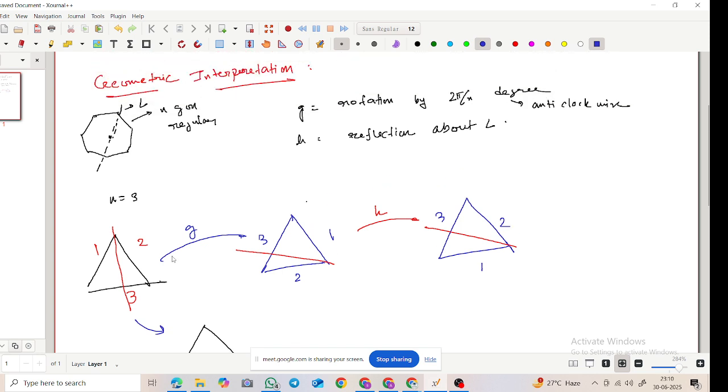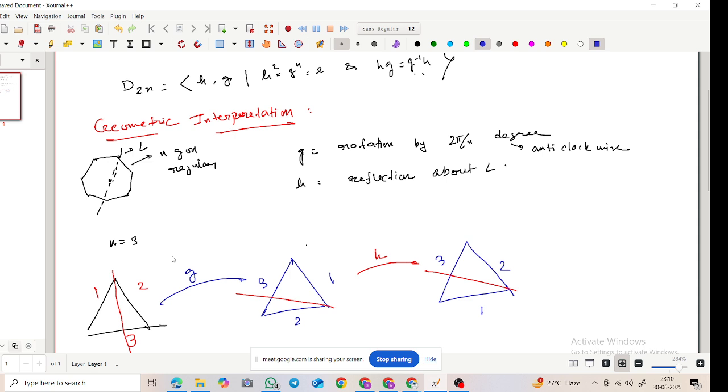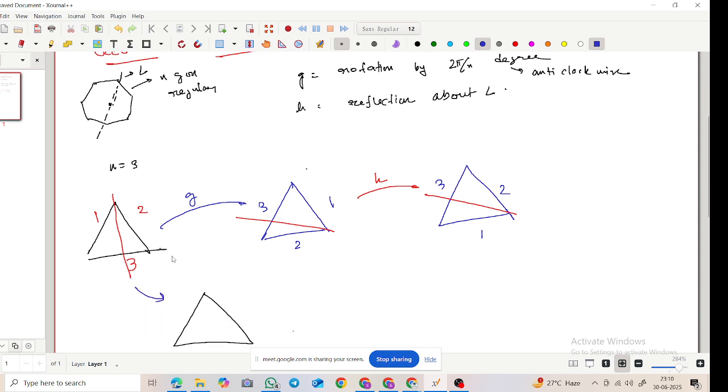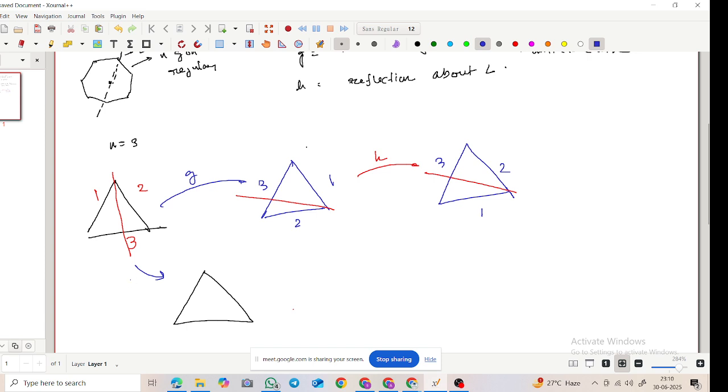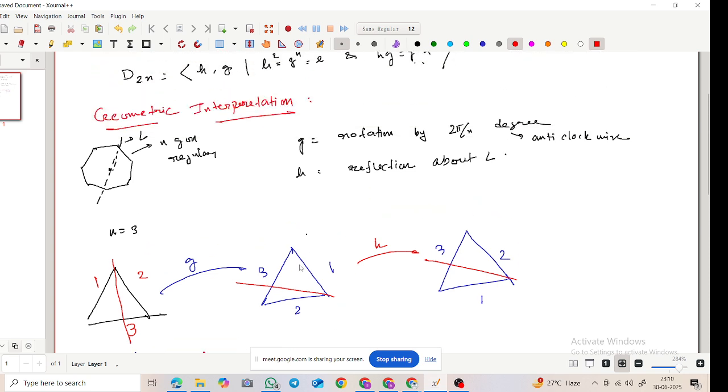We will first apply H, then G inverse. Reflection. G inverse is basically G square.